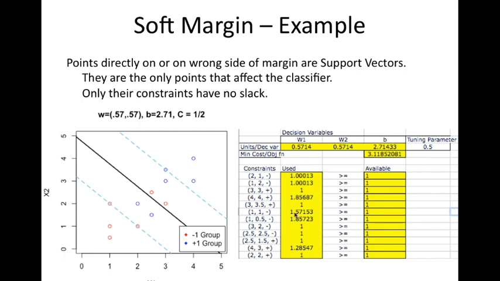So the other ones that are in that category, 1, 1, minus 1, yeah, that's true. 1.5 minus 1, also true. And then 4, 3, so that's true too. So that's all good. So this was the tuning parameter 0.5 case.